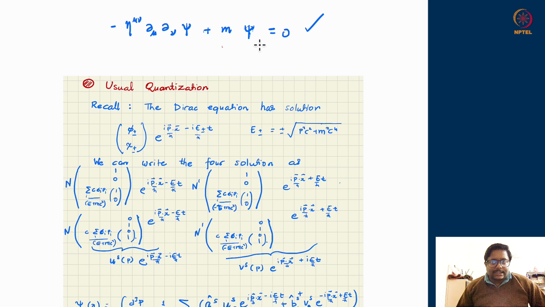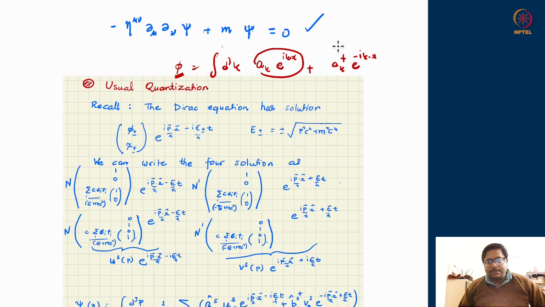In the real scalar field, remember the coefficients of e to the power ikx and e to the power minus ikx were complex Hermitian conjugates of each other in order to get a real phi. So this d3k integral gave rise to a real phi.